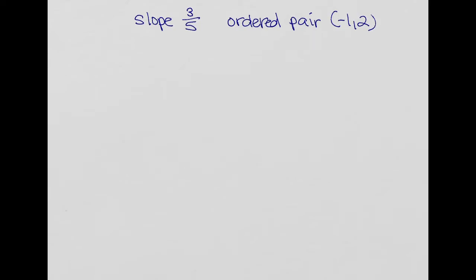This time our slope is 3/5, and the ordered pair is negative 1, 2. We're still using the same equation, or formula. We've got y minus 2 is equal to 3/5 x minus a negative 1.